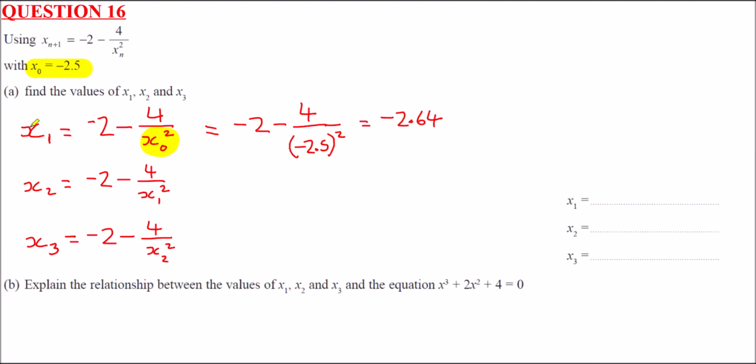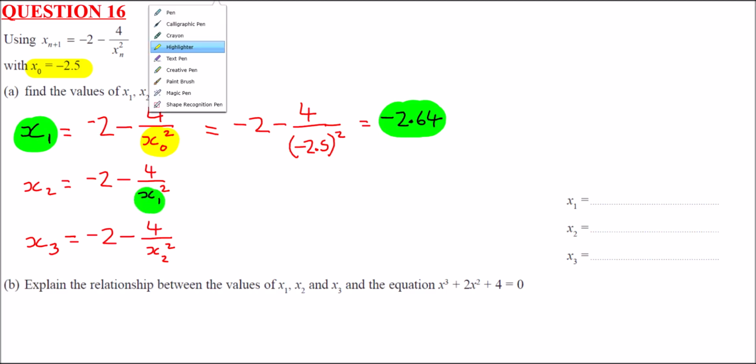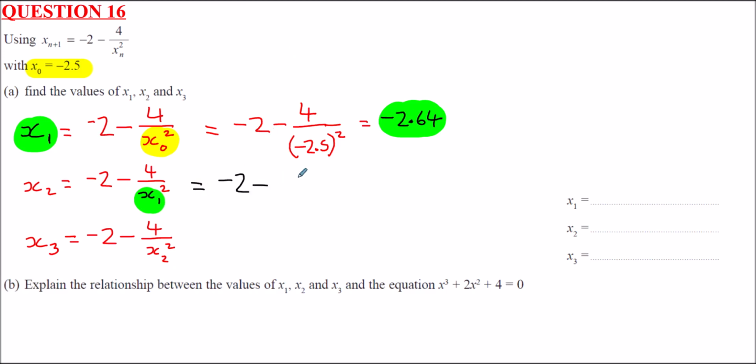So x1 is minus 2.64. That value we can now pop into the formula for x subscript 2, which is based off this one. That's going to be minus 2 minus 4 all over minus 2.64 now in brackets, all squared.